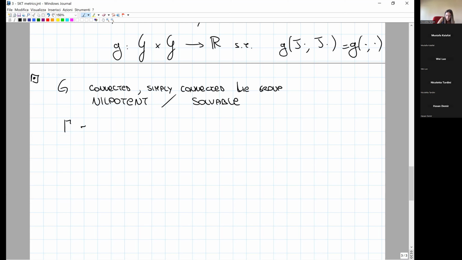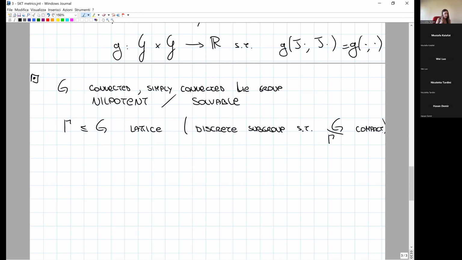And suppose that you have a lattice Γ in G, which means that Γ is a discrete subgroup such that the quotient of G over Γ is compact.